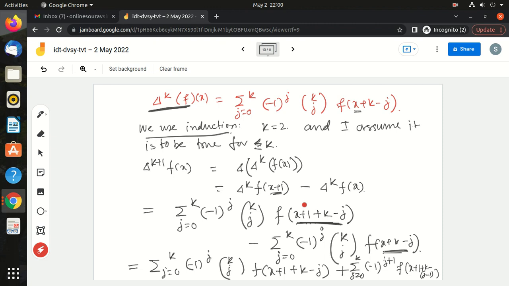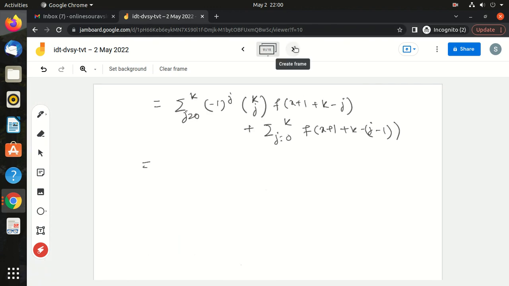So now here you have to do a little bit of calculation. What you do here, you just write (-1)^0, which is the largest thing you get. f of x plus 1 plus k, you take it out.